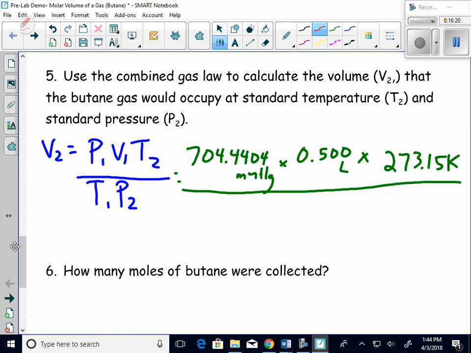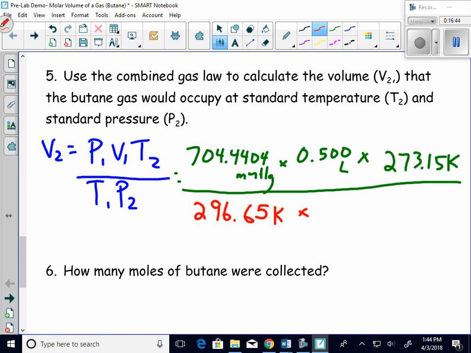That's on top. I divide that by T1. I need to go back to the very initial problem, problem number 1. My T1 was my experimental temperature, which was 296.65 Kelvin.